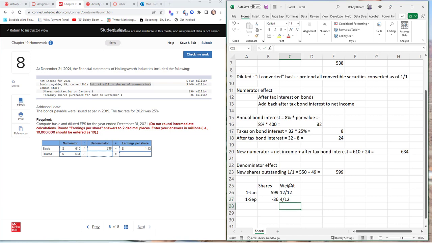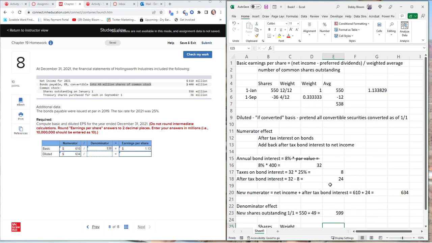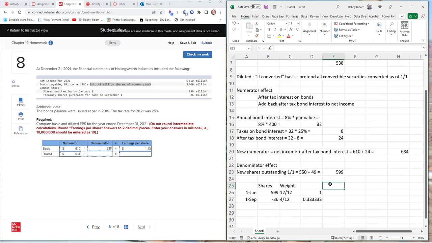So those are just labels. So I'm going to put in the actual weight. 12 divided by 12, of course, is a weight of 1 because they're outstanding all year. 4/12 get a weight of 1/3 because they're outstanding 1/3 of the year. So I'm going to multiply the two and then add to calculate that average.